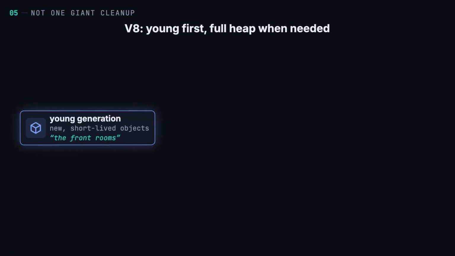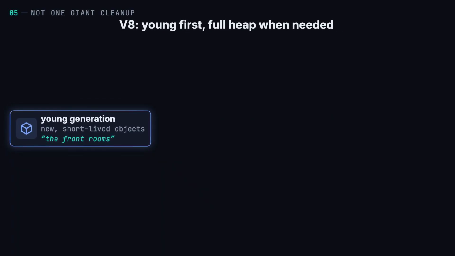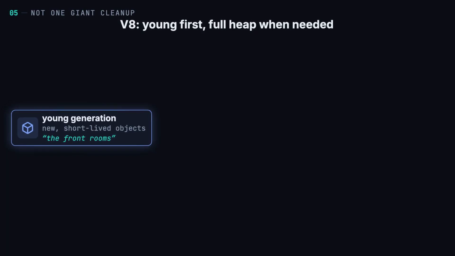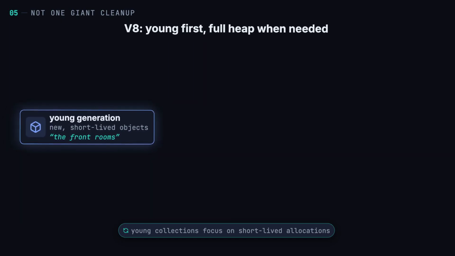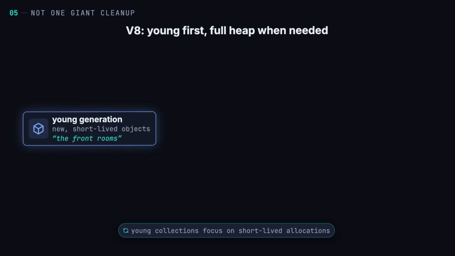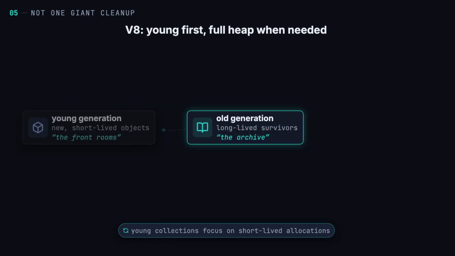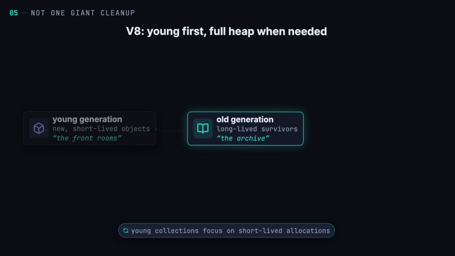V8 does not inspect the whole building the same way every time. New objects usually begin in the young generation, where short-lived stuff is common. Young collection scavenges quickly: keep the survivors, reclaim the rest. That is why short-lived request objects do not need a full heap search every time. Objects that keep surviving are promoted toward the old generation.